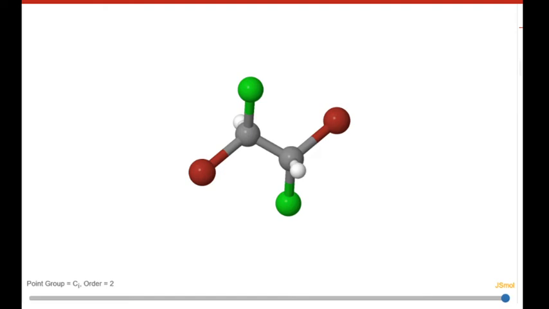A molecule which has only a plane of symmetry and identity E can be assigned as the Cs point group. And if the molecule has a center of inversion and identity E, then one can assign it as the Ci point group. Okay, so these are the examples of molecules with C1, Cs and Ci point groups.